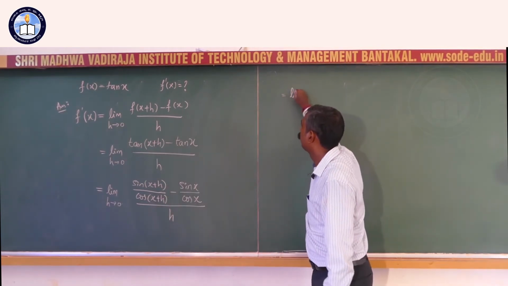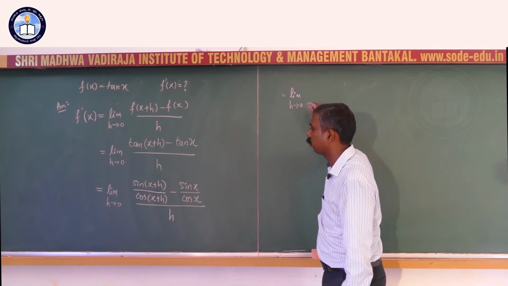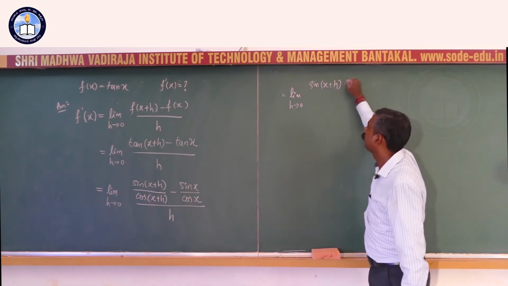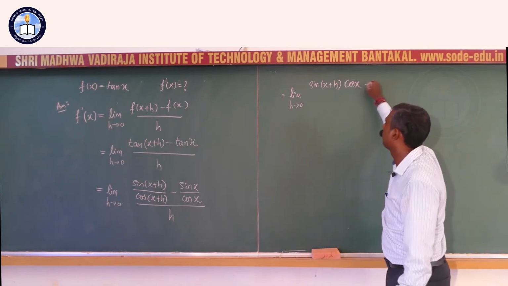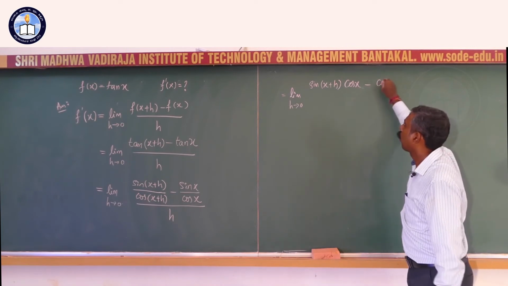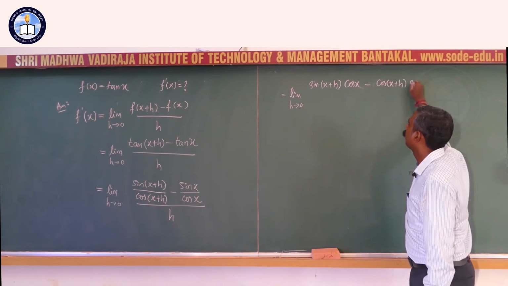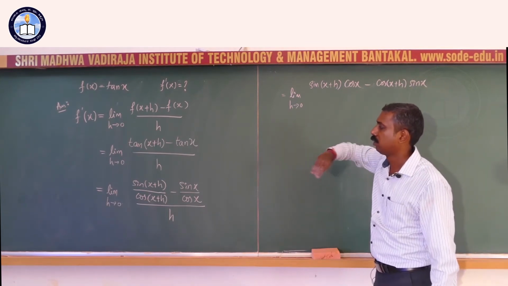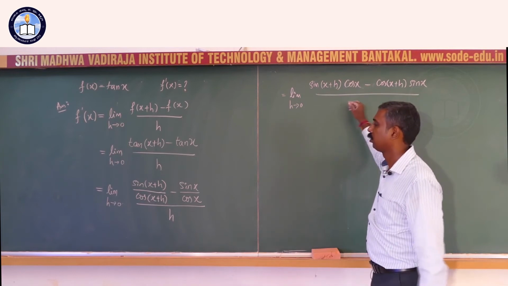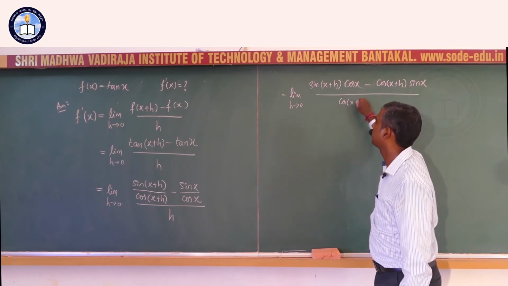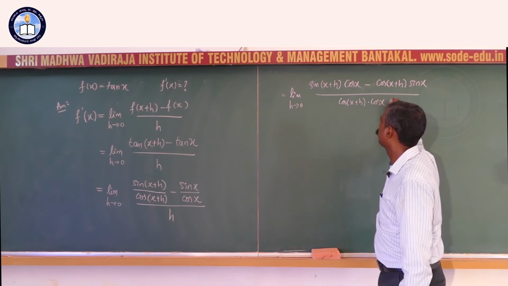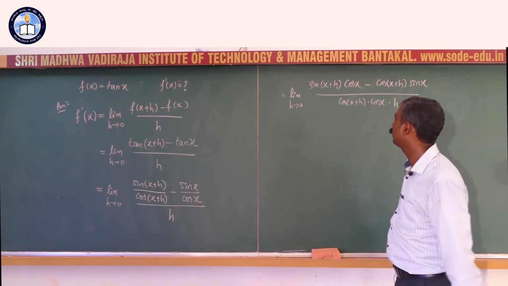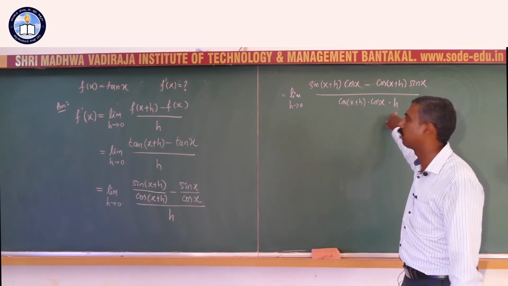So this will be limit h tending to 0 sin of x plus h into cos x minus cos of x plus h into sin x, divided by cos of x plus h into cos x into h, whole divided by h. Let me take h to the top, divided by h into h in the denominator.